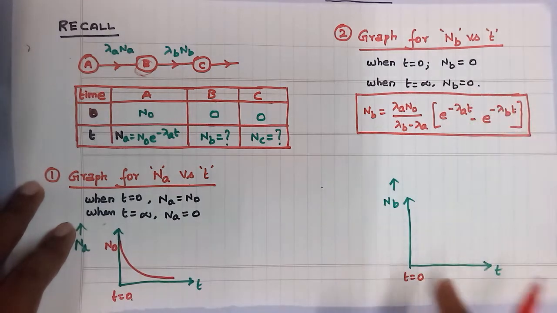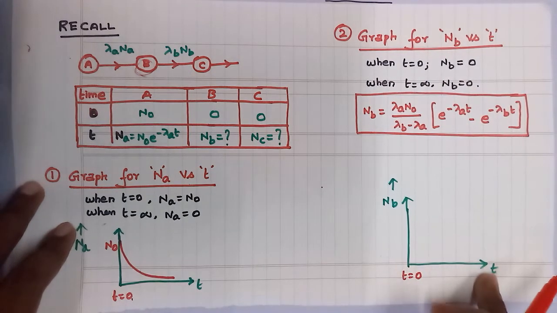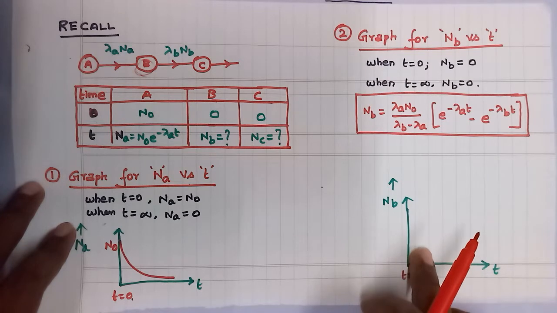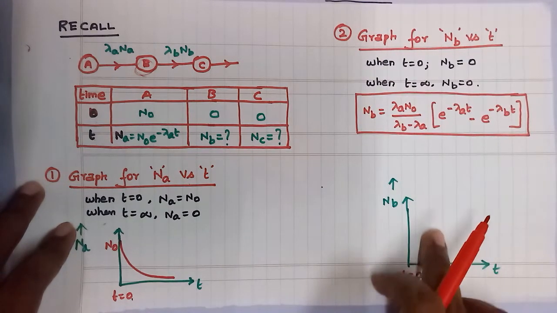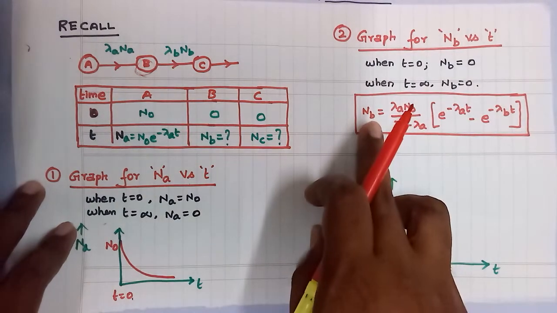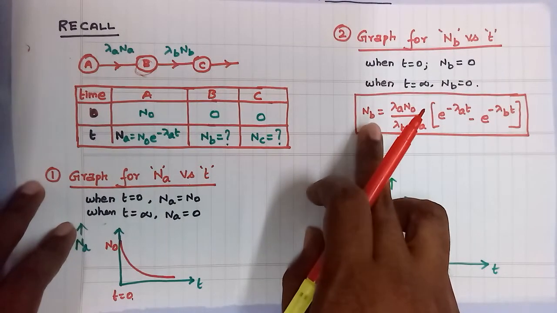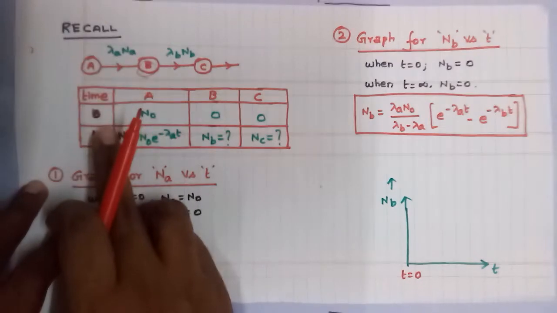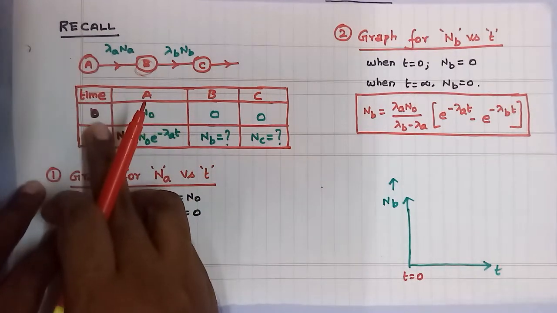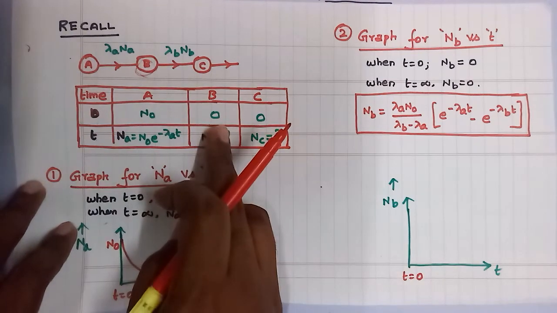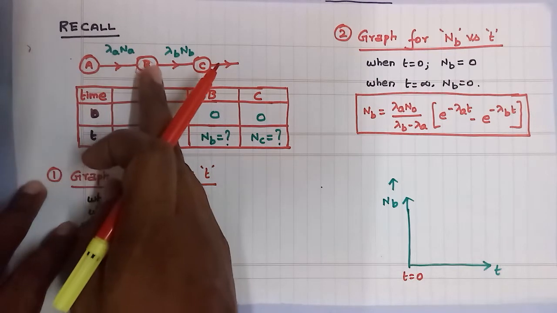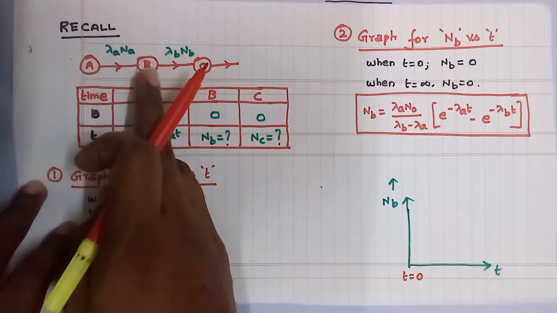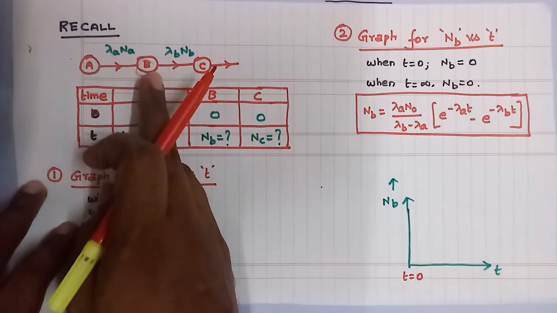This says that between 0 and infinity, some number of nuclei is found in element B. This is because when we begin at t equal to 0, there is no element B. Only when the radioactive element A starts disintegrating will the element B start to form.